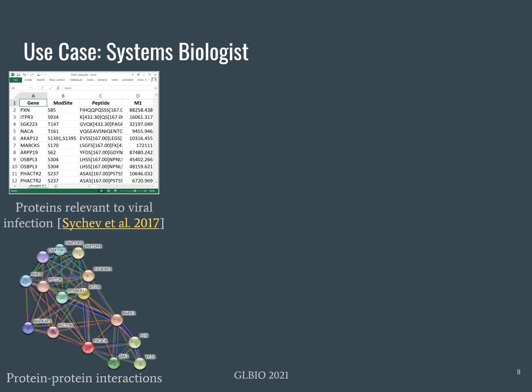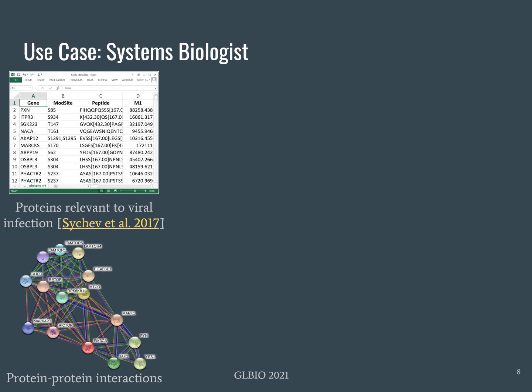Another use case comes from the perspective of a systems biologist. Say a biologist has proteins that are relevant to some kind of viral infection, and that can be identified with experiments in mass spectrometry, and that's depicted here in this Excel spreadsheet. They can take this data and run some analysis using a STRING protein-protein interaction network.